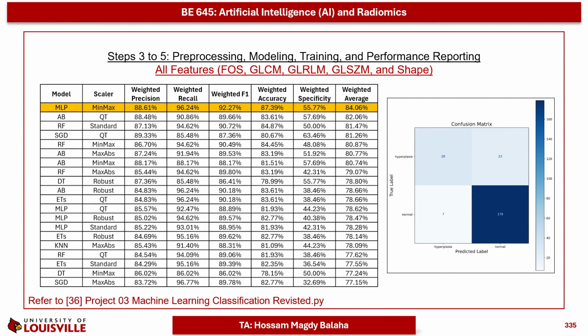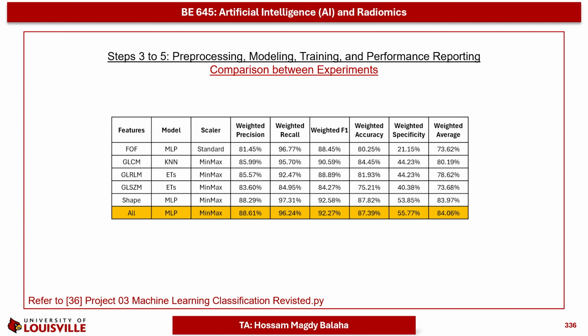And when we combine all features together and get the performance, we get a better performance, as you see, better specificity and better weighted average. But in all cases, the specificity is still low. But just as a comparison, we can say that combining all features in this case is better than dealing with the individual subsets separately.